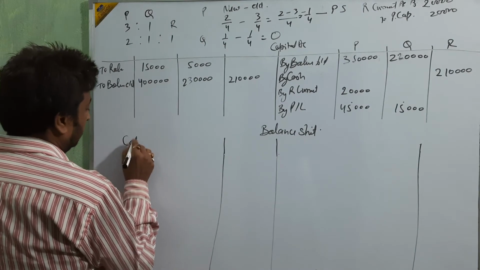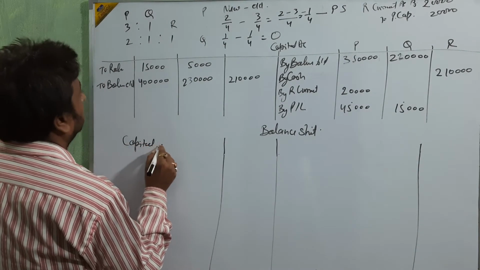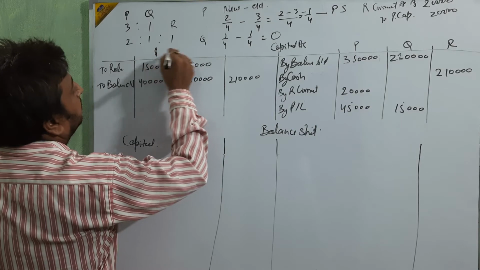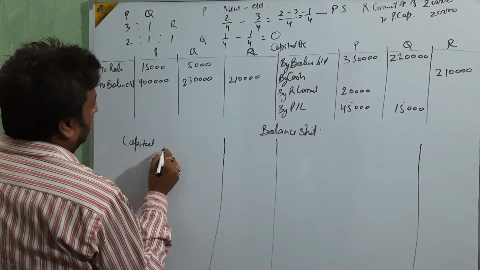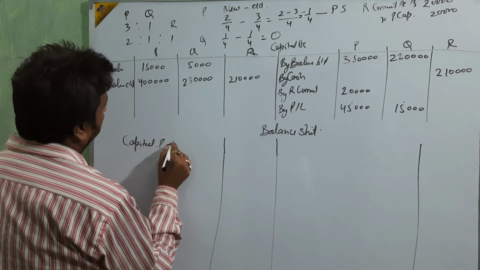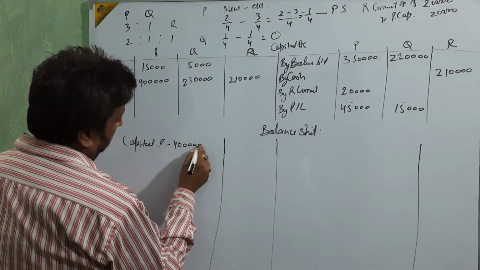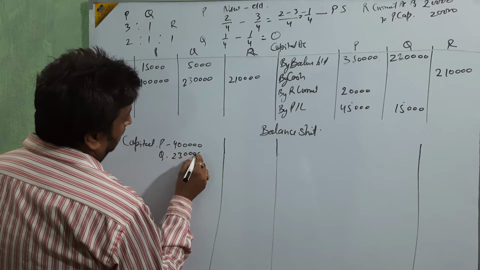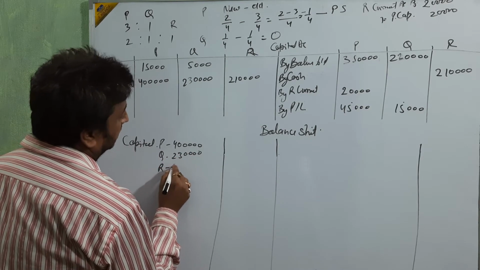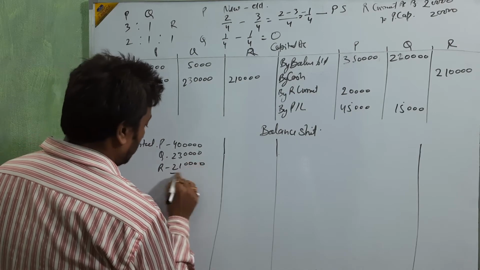First capital: P, Q, R. Capital of P is 4 lakh, Q 2,30,000, R 2,10,000.